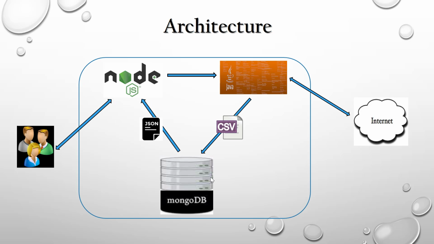Now for the architecture, we drew this picture. The users start by requesting data from Node.js. Node.js will forward the request to the Java tool. The Java tool is responsible for getting the data from the vendors. It connects through the internet, and as we talked about earlier, we have 4 vendors, so it will go to each website, try to extract the data, and return it back to Java.